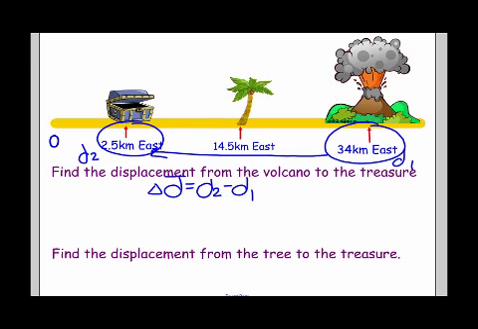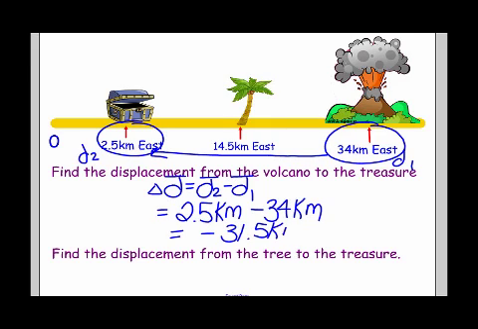My volcano is my D1, my treasure is D2. So I'm going to start off with D2. My treasure is at 2.5 kilometers, minus my D1, which is 34 kilometers. So there's my equation.